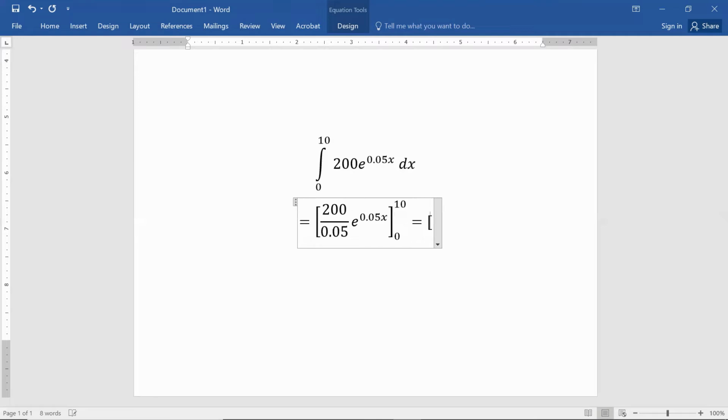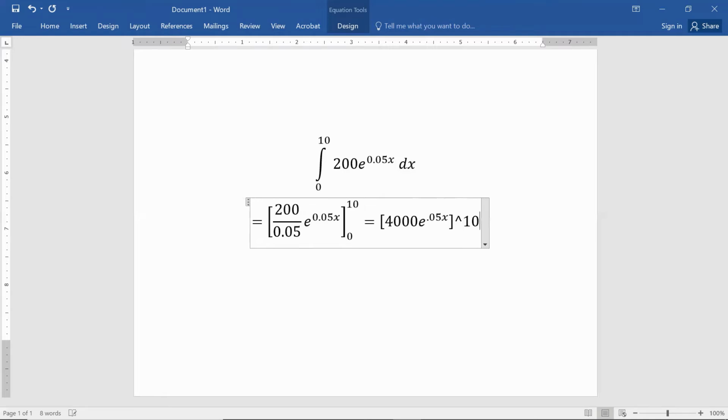So we have integrated. Now we're going to be plugging in the 10 and the 0 into 4,000 e to the 0.05x. Or you can also write 200 over 0.05 if that's more comfortable to you.